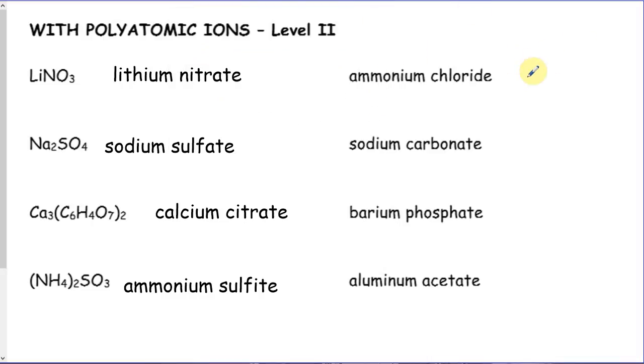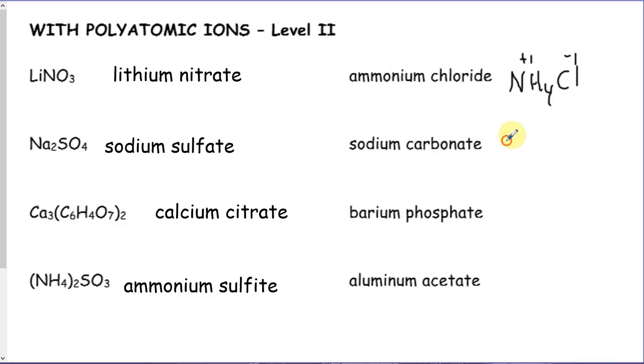So we're going to do ammonium chloride. So ammonium is NH4, and you either memorize or look up that this has a +1 charge. Chloride is a Cl, and it has a -1 charge, and so this is simply ammonium chloride.